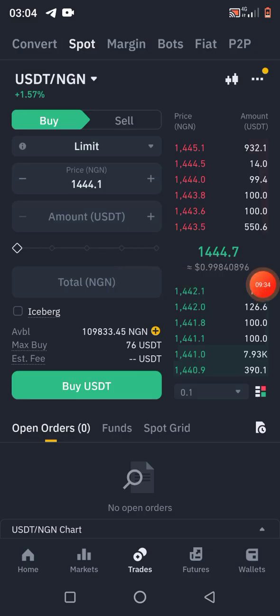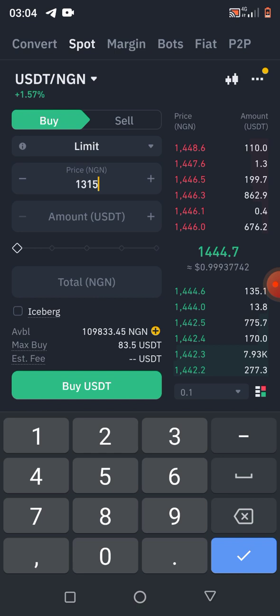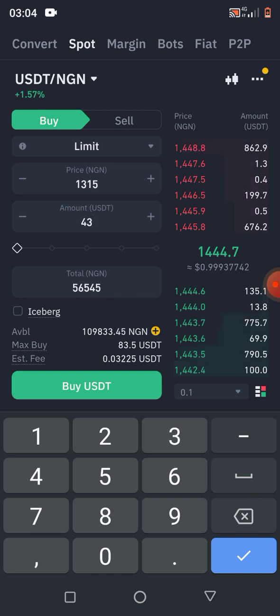Okay, we are back at our spot trade. Let's see how much we bought. You know, I told you I bought it at 1,315. 1,315 was when I bought it last week. And let's say 43 USDT, that's what we sold. So you can see that the amount we bought it was 56,500.